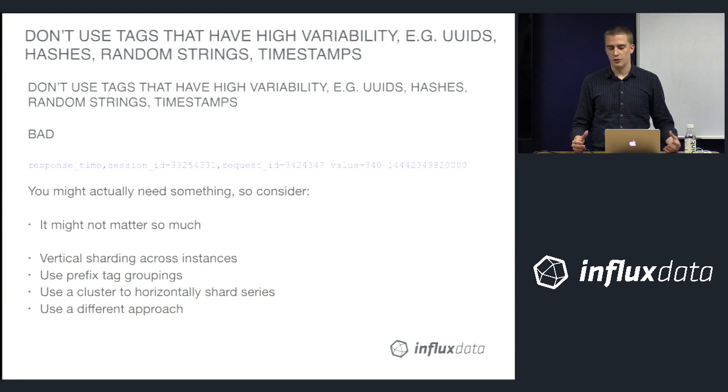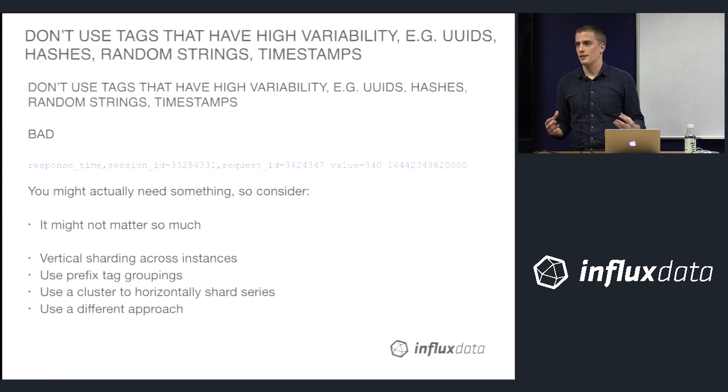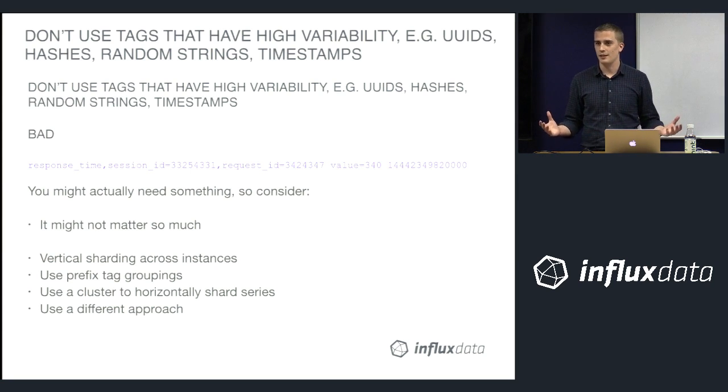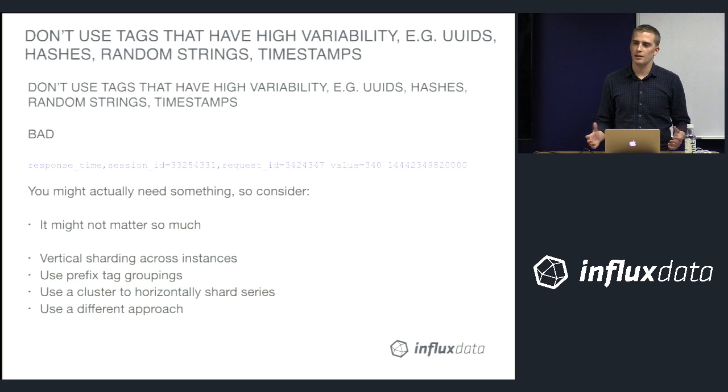So if you're storing basically a tag ID, and every point has a different ID, or in some cases I've seen people storing timestamps in a tag, that's going to end up bleeding over time to a significant number of tags. Now that's not always a bad thing.